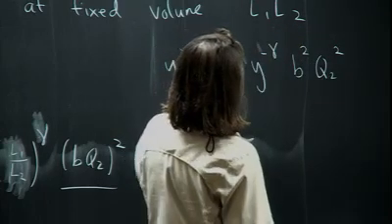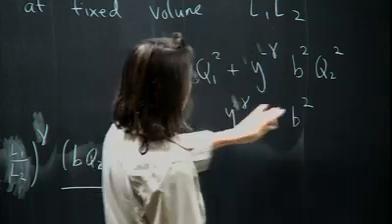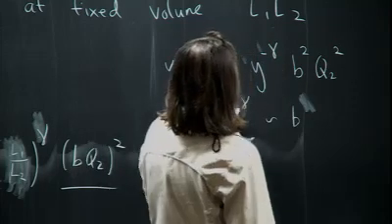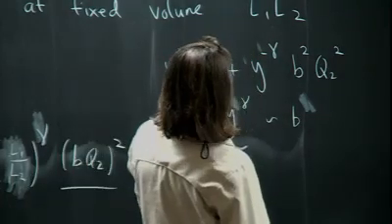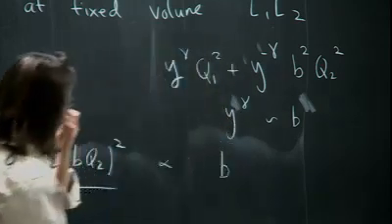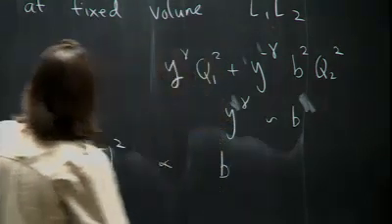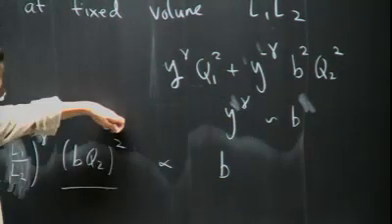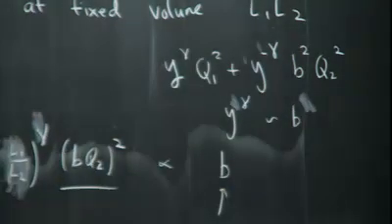You can see that y to the 2 gamma will scale like b squared, or y to the gamma will scale like b. And so the potential goes linearly with B, I've done this right for general gamma, rather than going quadratically, like B squared, once you solve for the heavy mode.